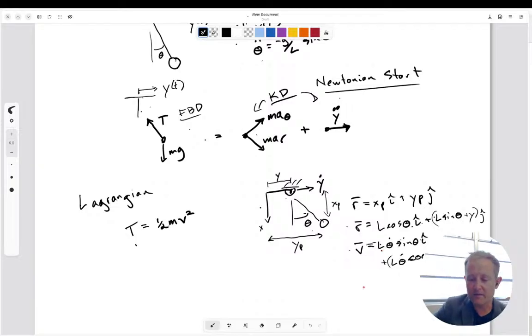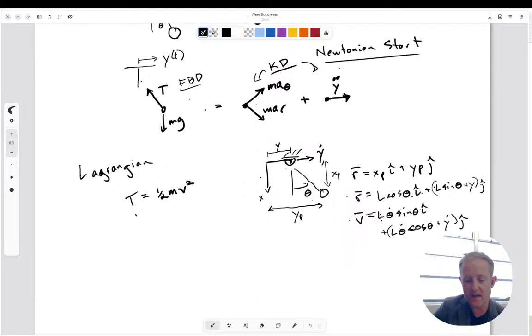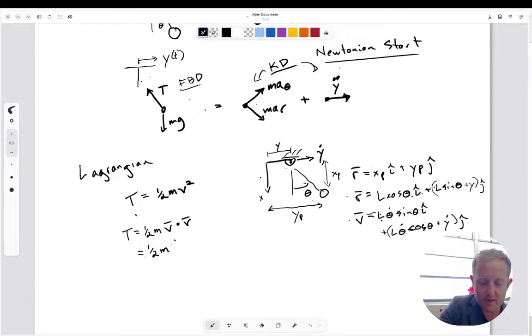So when I talk about v squared, really I'm talking about the dot product of, like, what is v dot v? V dotted with v, which is 1/2 m times L squared theta dot squared sine squared.